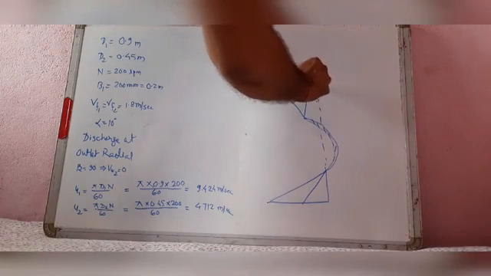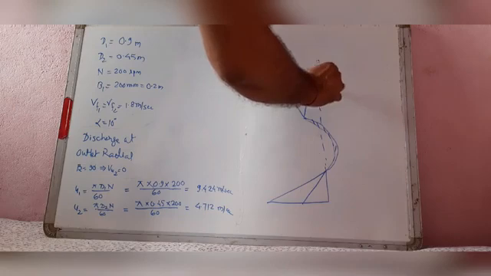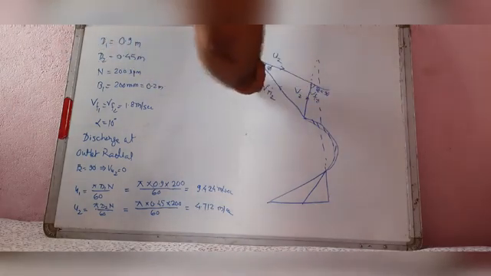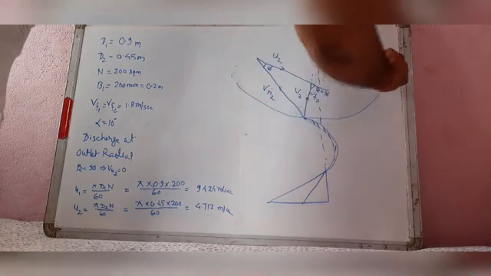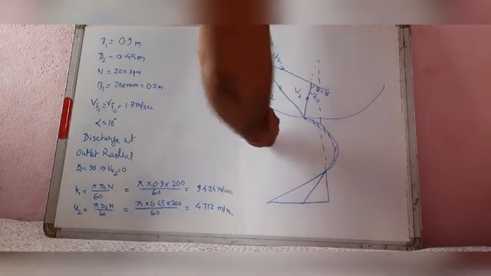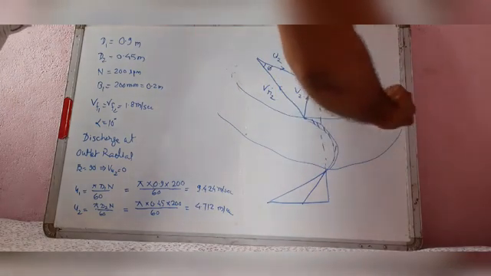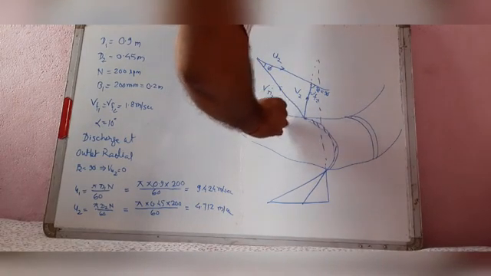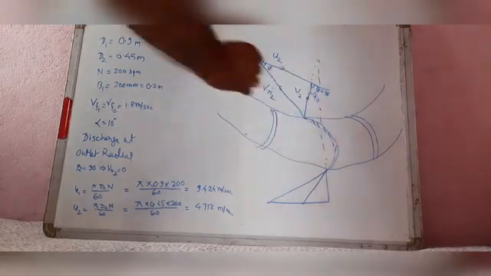This is beta, 90 degree, and this is the runner. Here the different blades are arranged in the same manner.